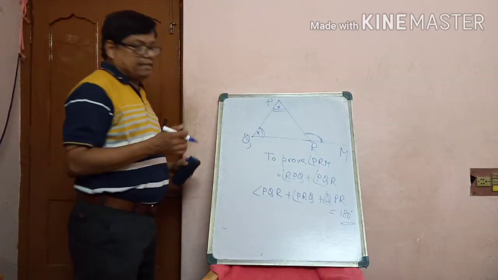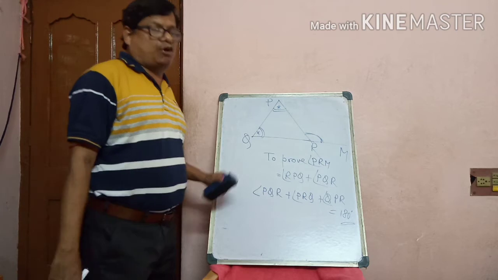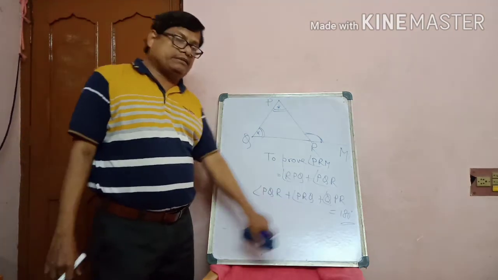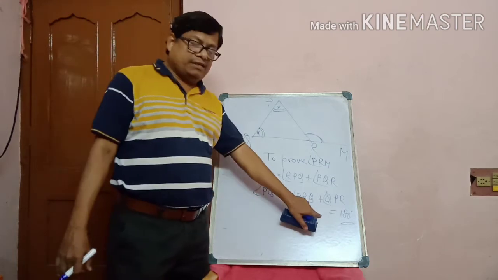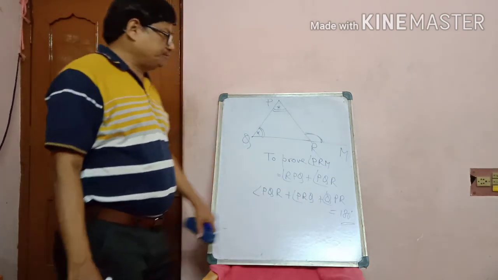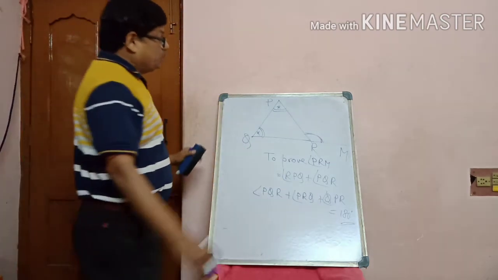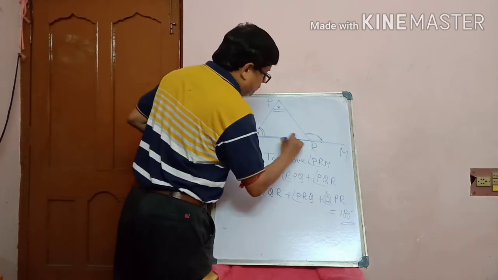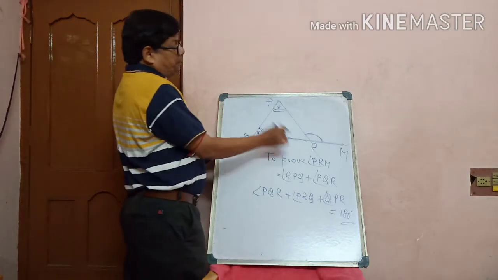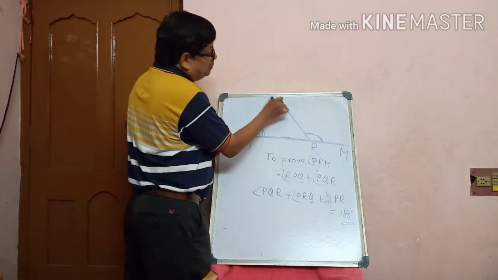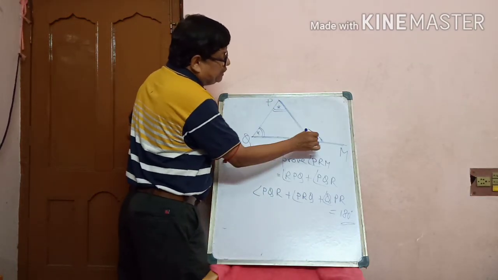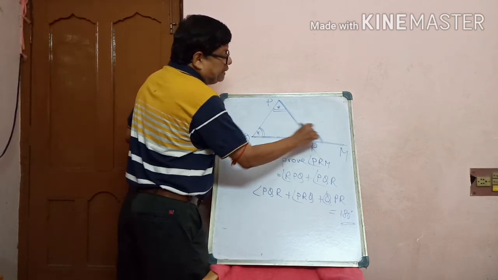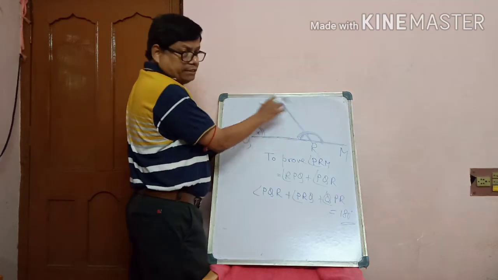That is some properties of a triangle. Again, look here. If you consider QM, this is a straight line. PR stands on it, no? So this is a linear pair. The sum of the two angles is 180 degree.